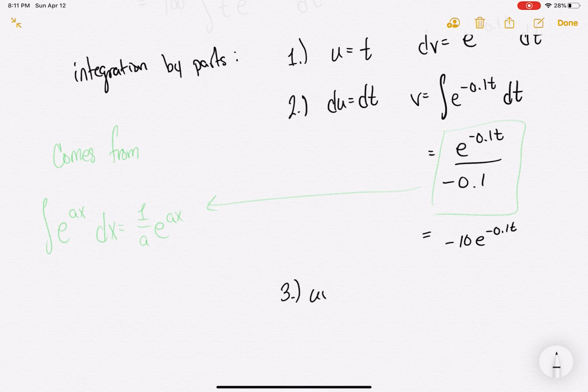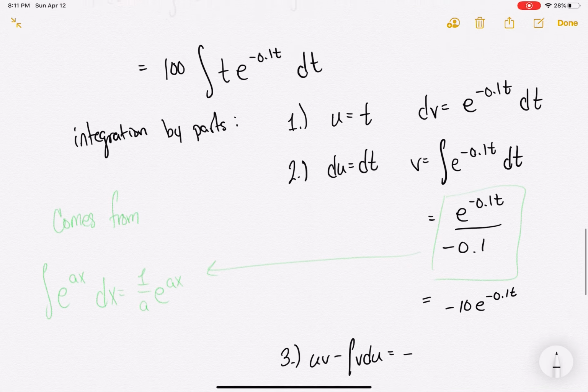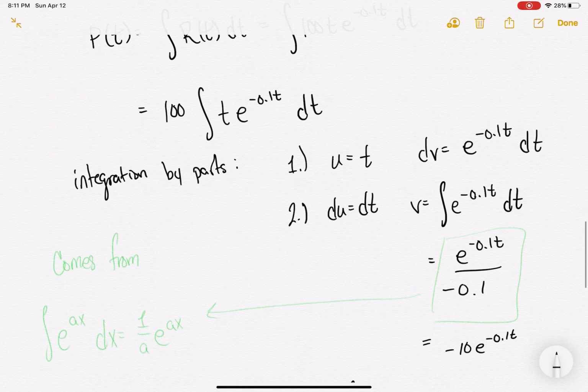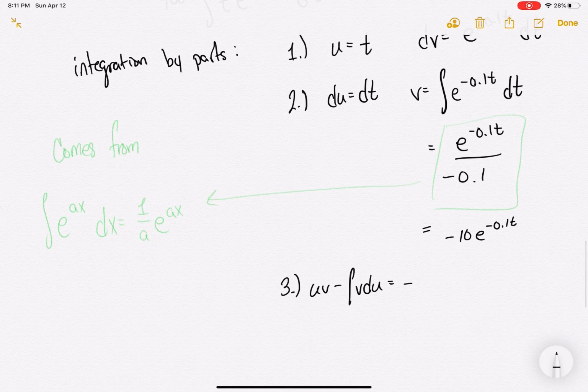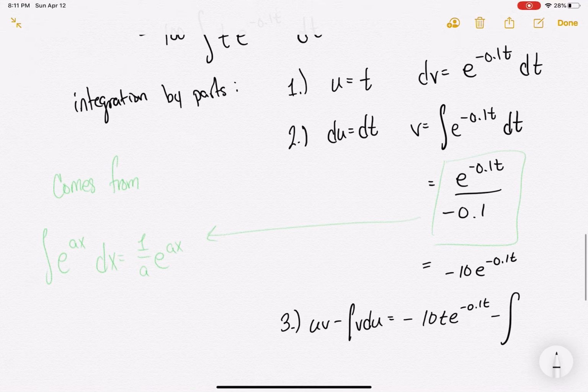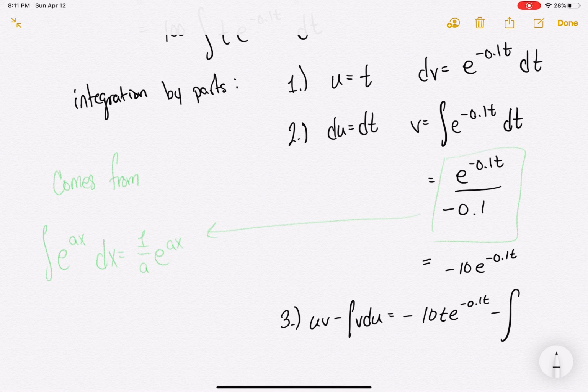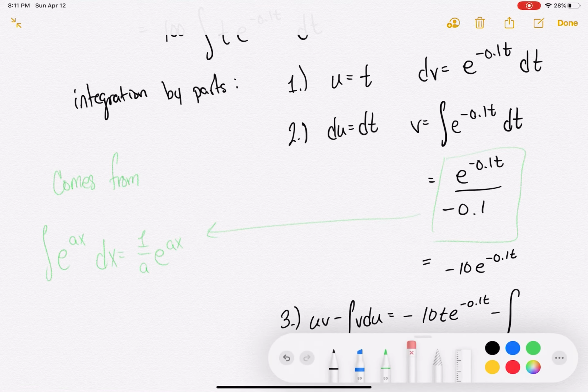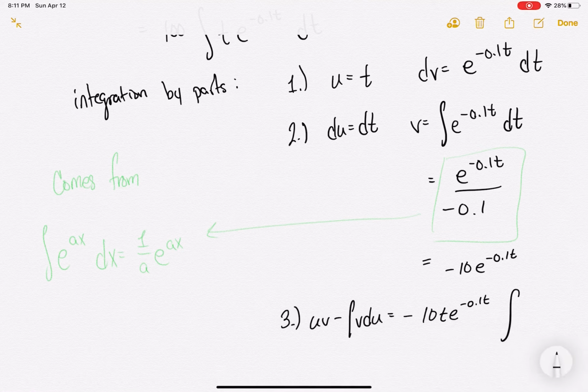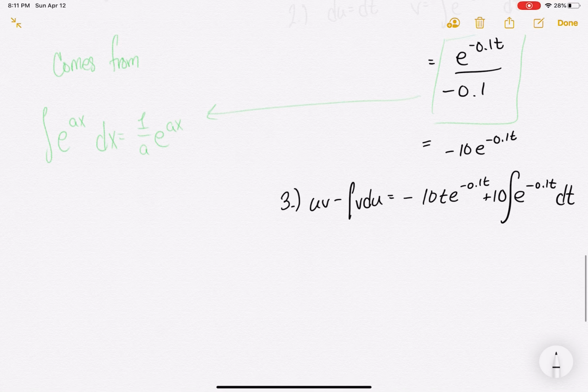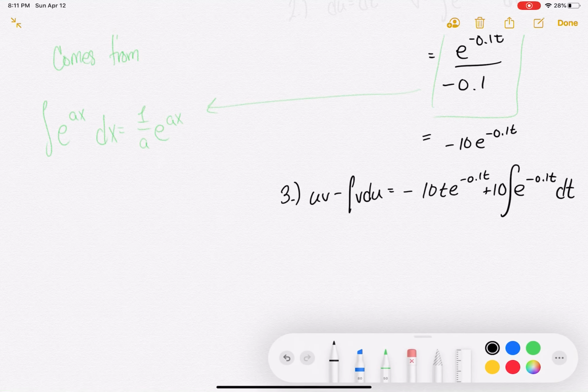Step 3, uv minus the integral of v du, which in this case is going to be negative. There was a 100 out front that I'm going to leave off for now, but I'll include it at the end. So in this case, it's negative 10 t e to the negative 0.1 t minus the integral of v du. So du is just dt, and v is now negative 10, so this is actually plus 10 times the integral of e to the minus 0.1 t dt, and lo and behold, this thing is going to help us a lot.